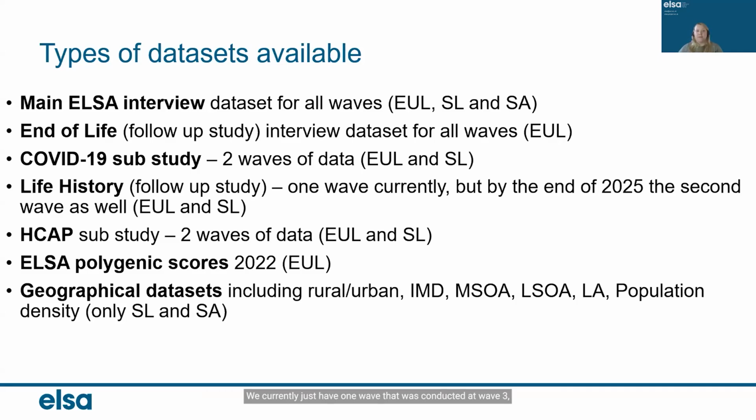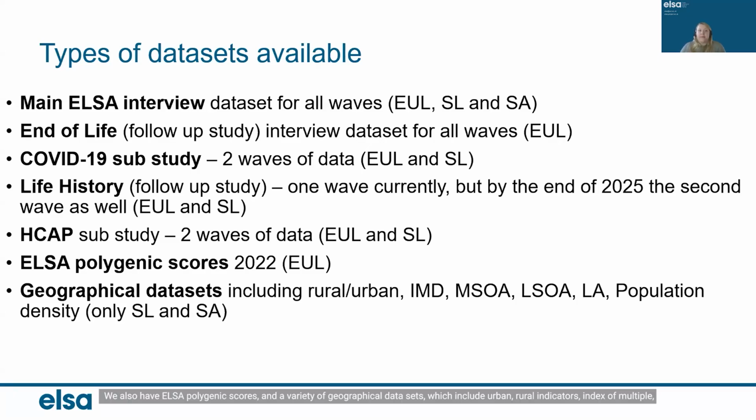Then we have the life history. We currently just have 1 wave, and that was conducted at wave 3. But we are just depositing the second wave, which was conducted last year, as we speak. So that will be available very shortly. And then the HCAP sub-study, we have 2 waves of that available in UKDS under both EUL and secure license.